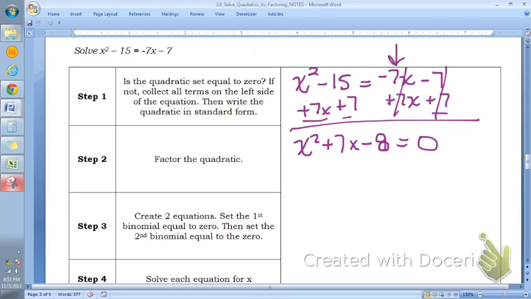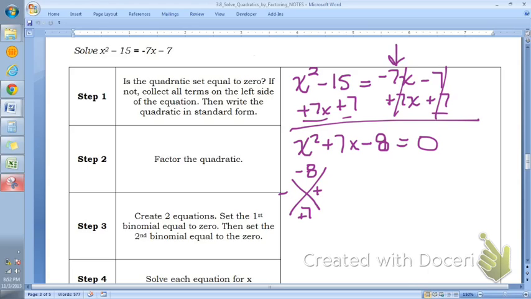It's not in factored form, so we need to factor it. This is a trinomial whose a is equal to 1, so we're just going to use our x factoring. Our c is equal to negative 8, b is equal to positive 7. Because the top number is negative, we need opposite signs, and our bigger sign is positive because the bottom number is positive.